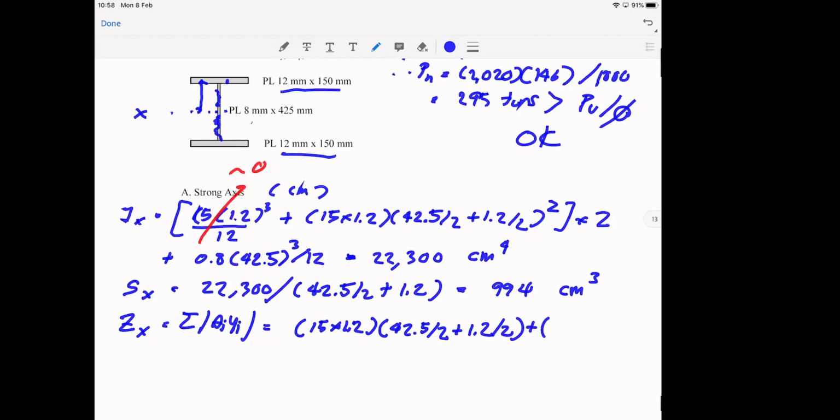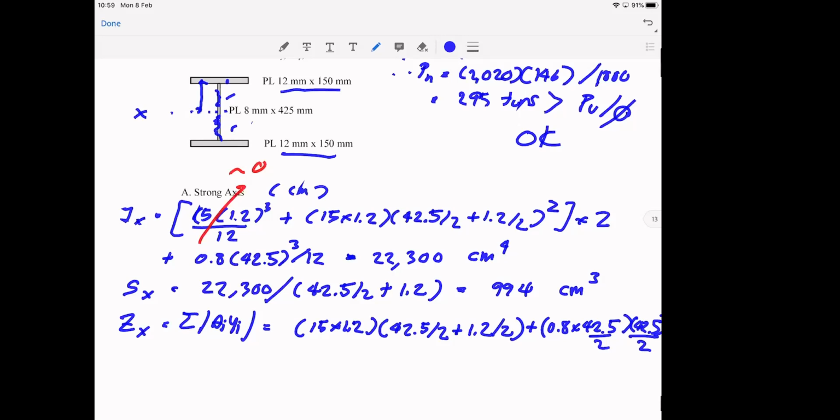Plus the web, which is 0.8, because I'm going to use this formula. That means I need to divide the area into one compression and one tension, right? So that becomes 42.5 divided by 2, and the y bar is also 42.5 divided by 2.